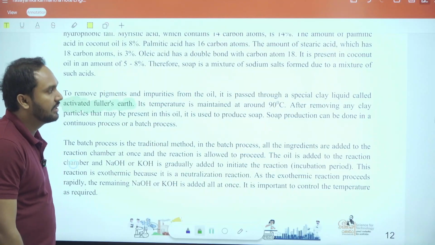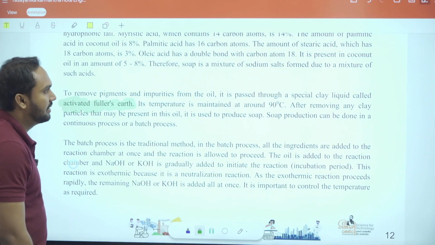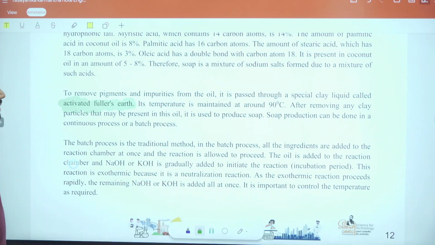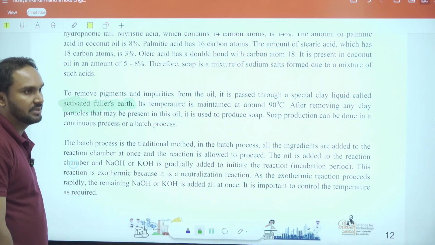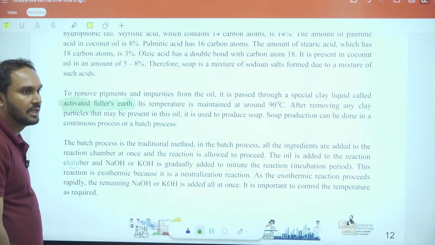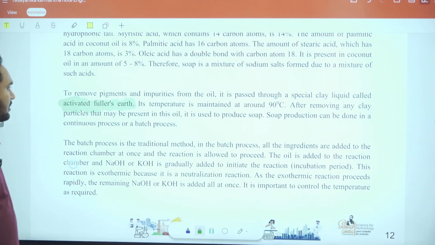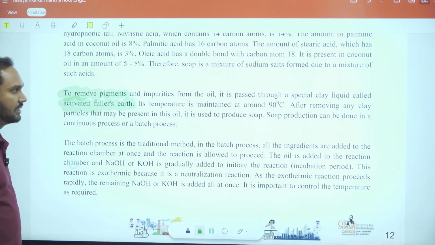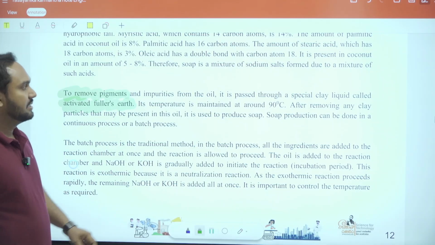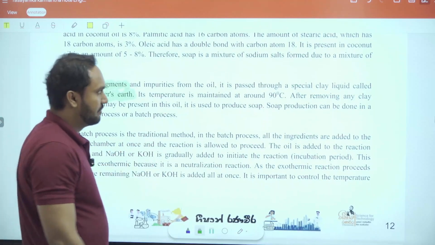If the oil contains any color pigments, they put the oil through activated Fuller earth. What does it do? It removes the color pigments, right? That is something to remember. Its temperature is maintained at 90 degrees Celsius when putting the oil through it.